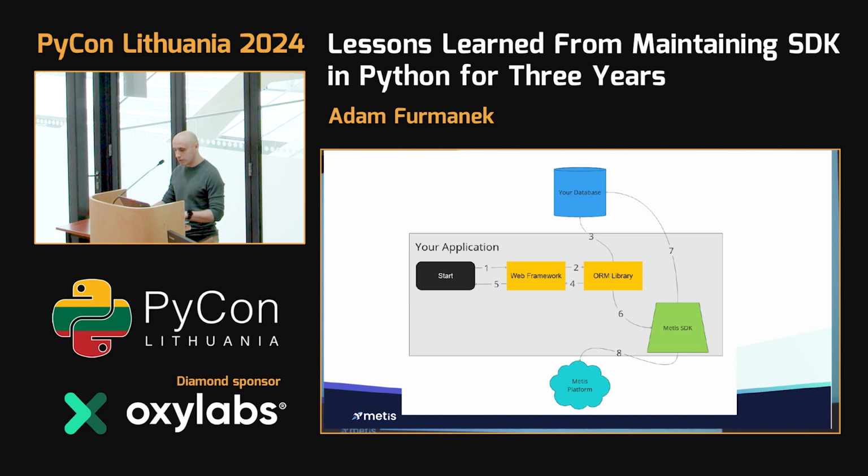You get the data from the database and you return it to the user. And along the way, our SDK integrates with your libraries, so it goes behind the scenes and plugs itself into the ORM, into the web endpoint, etc., extracts the query, and then runs explain on the database to get the execution plan and sends all of that to Metis, right?